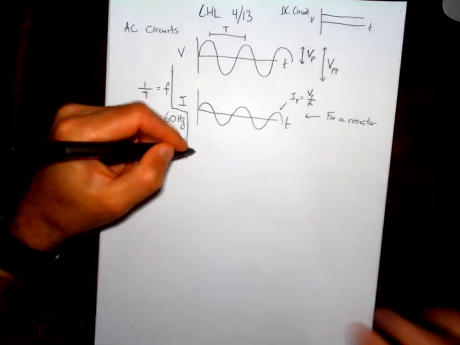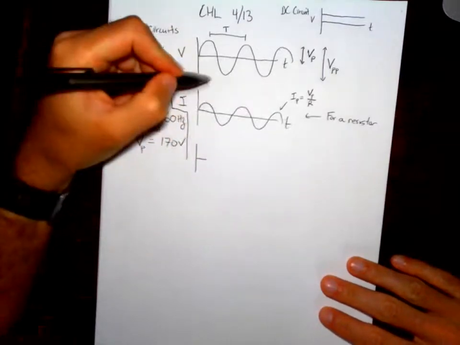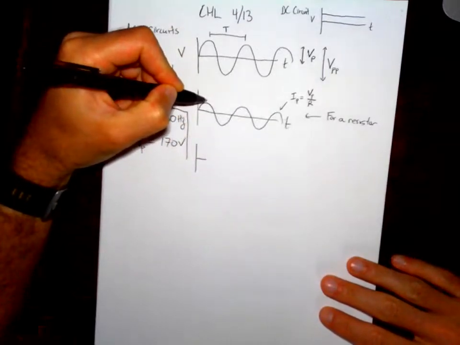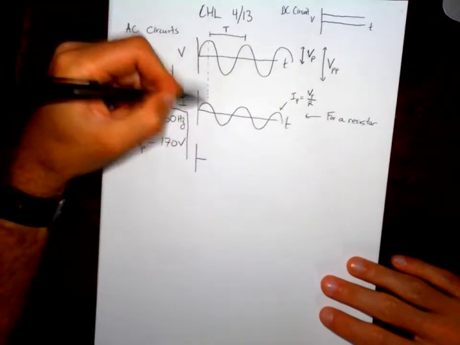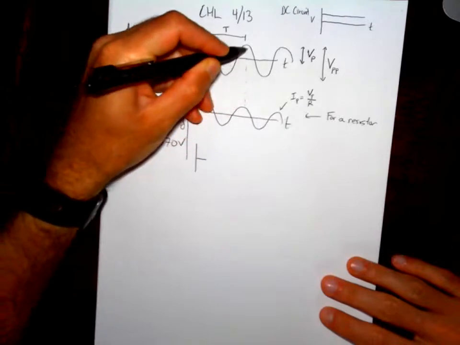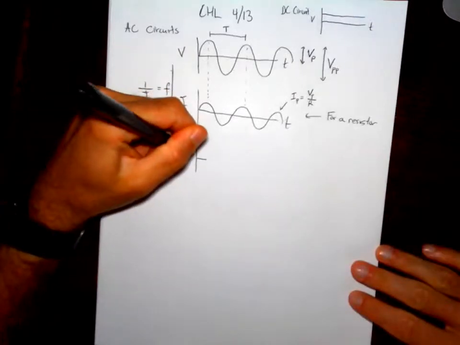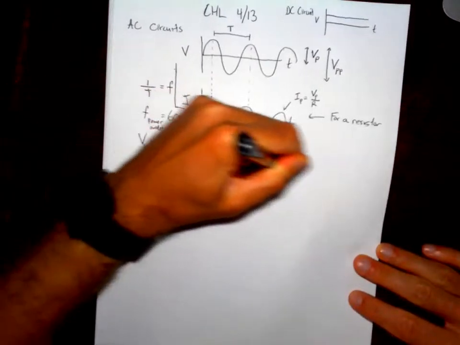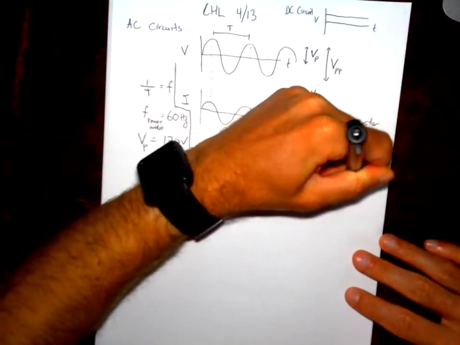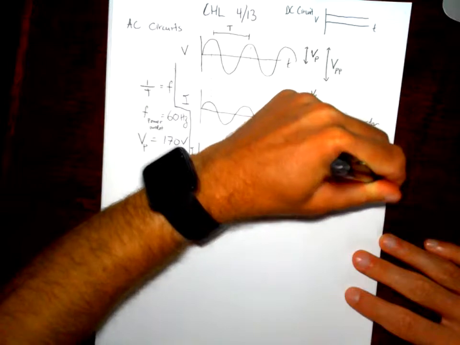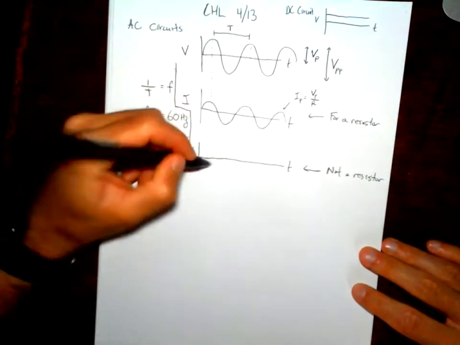For other stuff, the thing I want you to notice is that for a resistor, the peak of the current lines up with the peak of the voltage. Okay? See how those line up? If you have something that is not a resistor, then you're going to have the same period, but they're not going to line up.